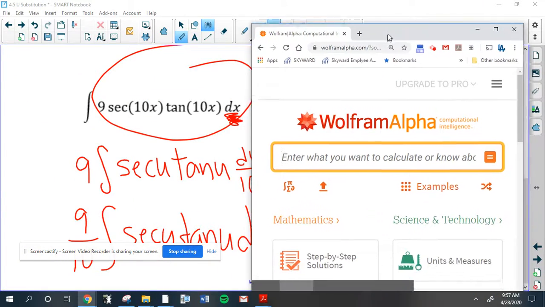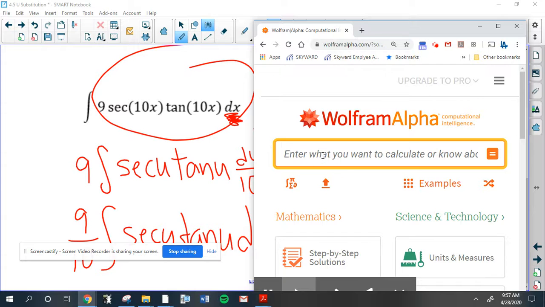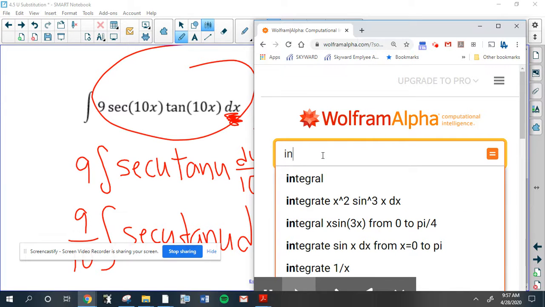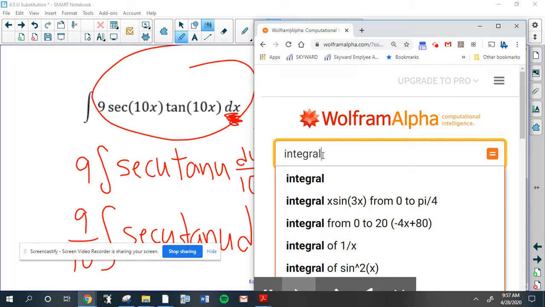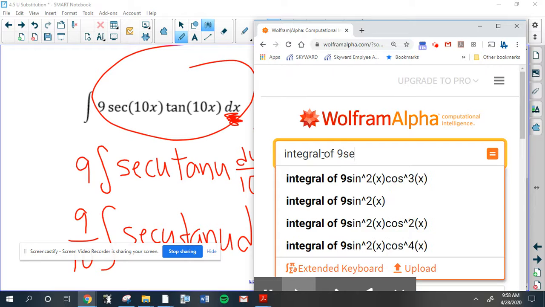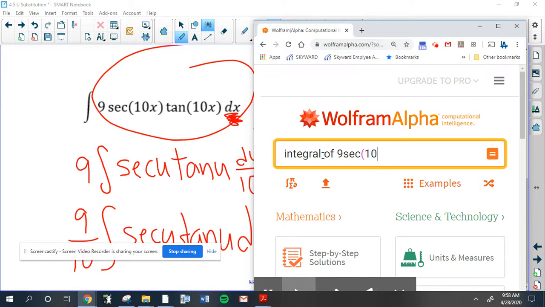So sometimes Wolfram Alpha will give you the correct answer, but it's not the answer you're expecting. I'm not sure what's going to happen here, so we're just checking it. Secant 10x times tangent of 10x.